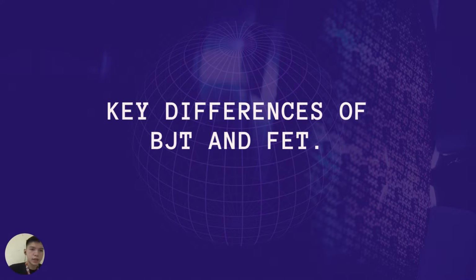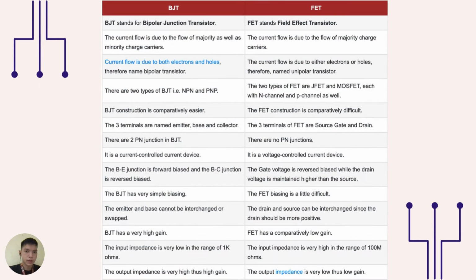Now we have the key differences between the BJT and the FET. As you can see, BJT stands for bipolar junction transistor, while FET stands for field effect transistor. The current flow in a BJT is due to the flow of majority as well as minority carriers, while in the FET the current flow is due to the flow of majority charge carriers. We can see here the differences between the BJT and FET.